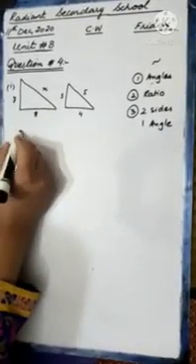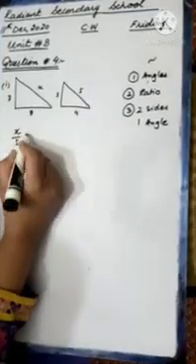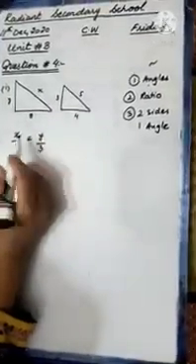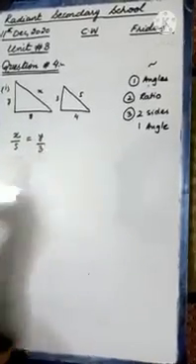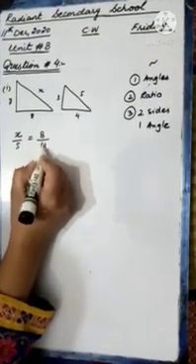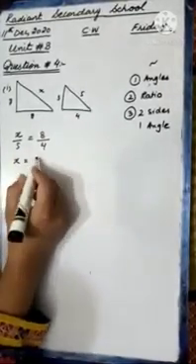Because x over 5 will be equal to y over 3, but then two unknowns are there, so there is no need to take y over 3. We can take the ratio of known sides, 8 over 4. In this way we can find the value of x easily.